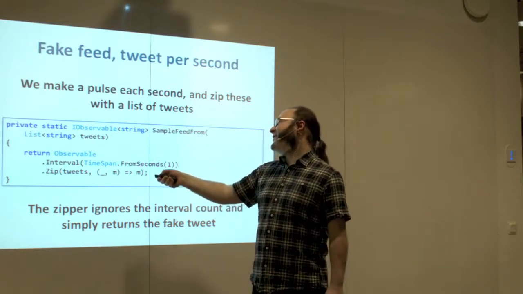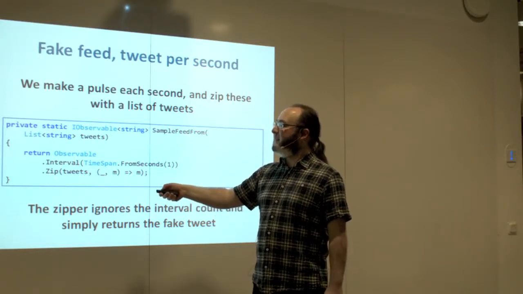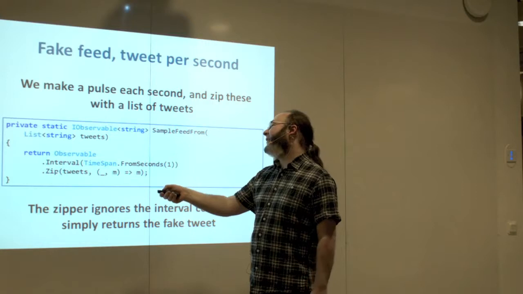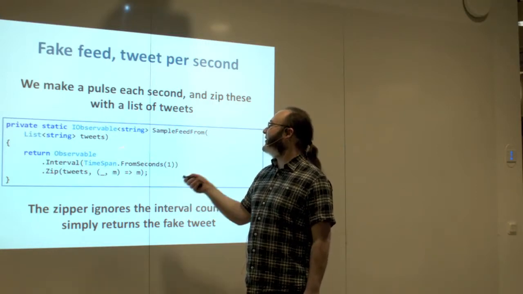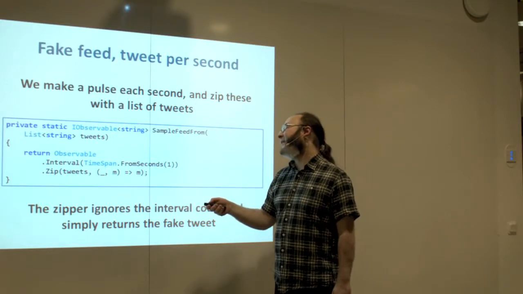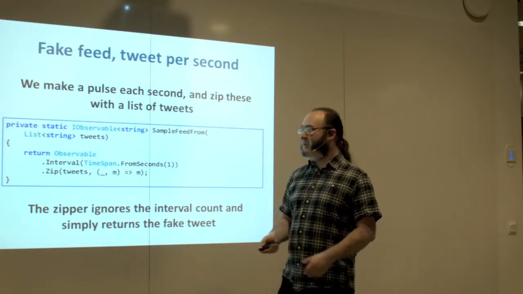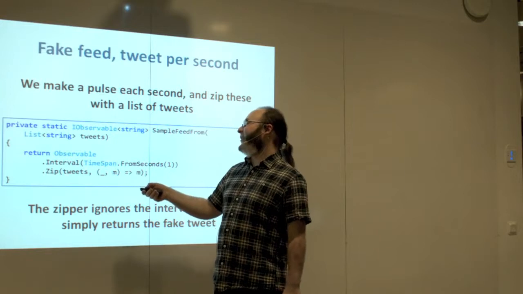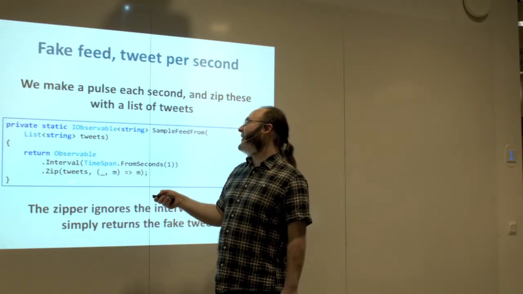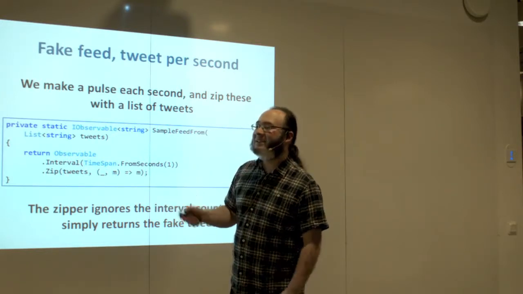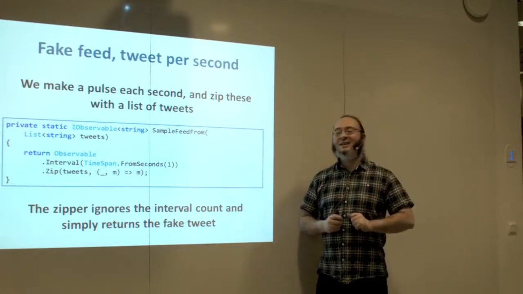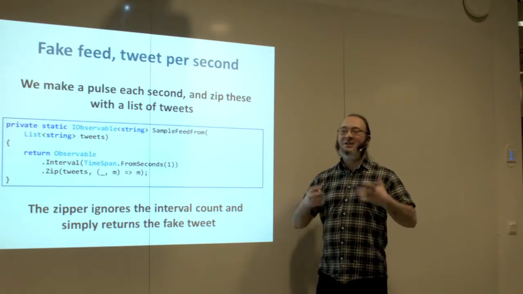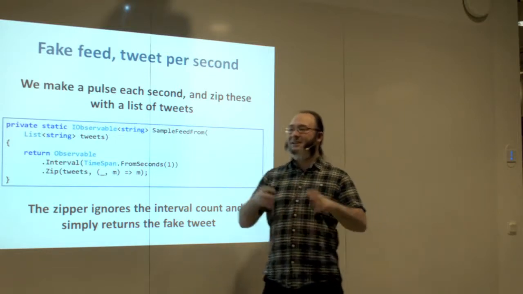So every second it's notifying this zip, and the zip is zipping that with the list of tweets. This is curious because we have a reactive thing on one side and an interactive thing, a list, on the other side, and they can just be brought together like this in a zip. This is another place where we get really grateful that they're dual.